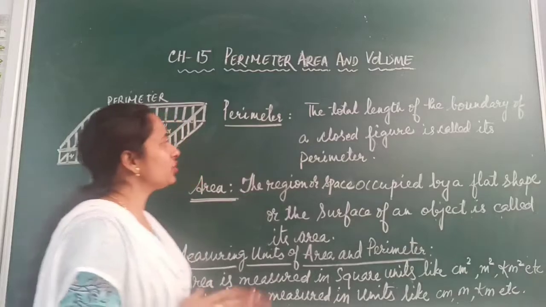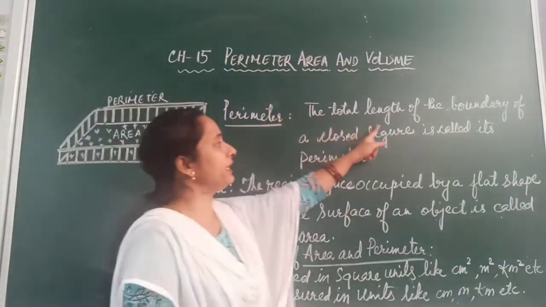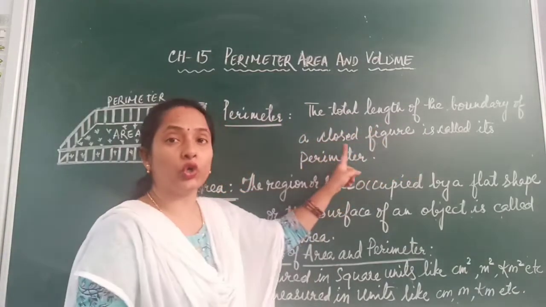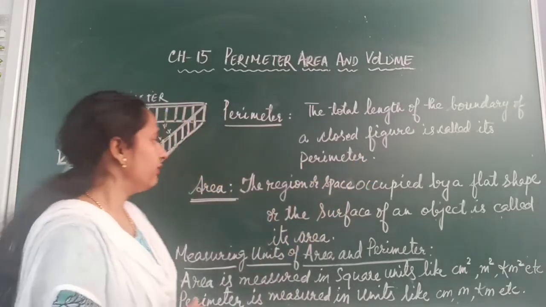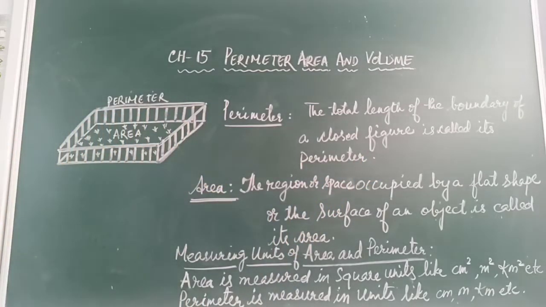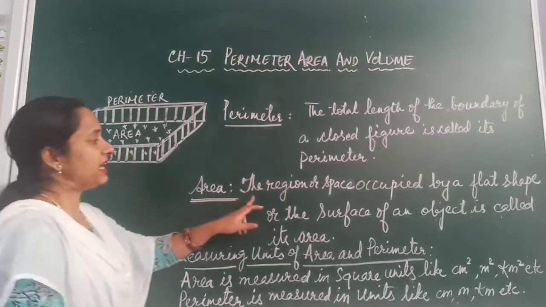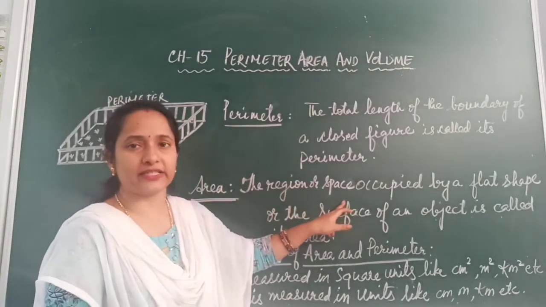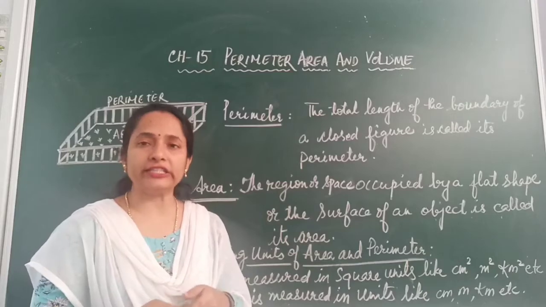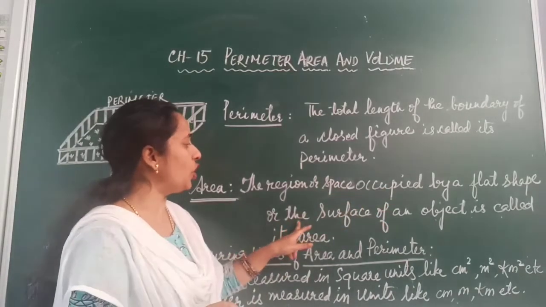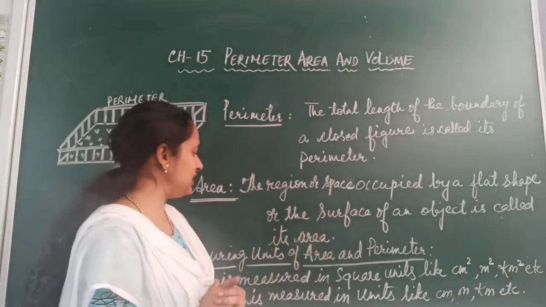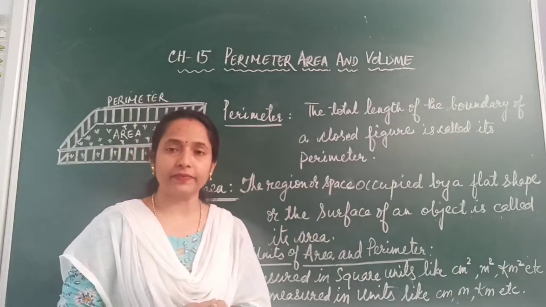Then what is the definition of perimeter? The total length of the boundary of a closed figure is called its perimeter, whereas area is the region or the space. The region or the space occupied by a flat shape or the surface of an object is called its area.